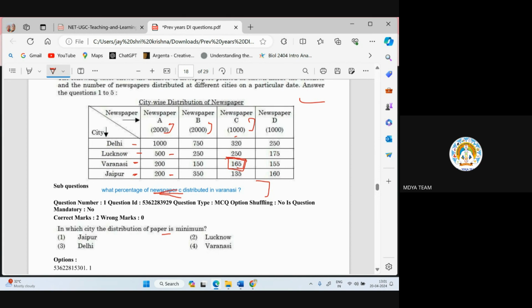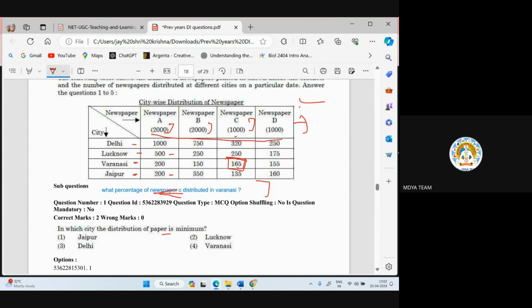How will you calculate? First you need to calculate the total number of newspapers distributed. We will add all these values and get the total number of newspapers. What is the total number of newspapers distributed?